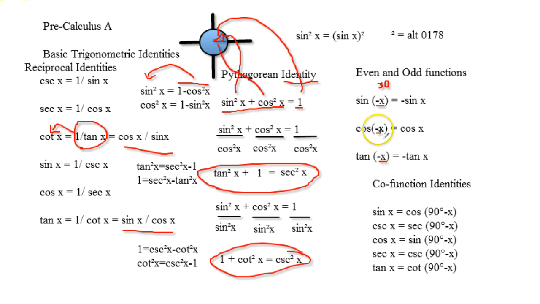If I do the cosine of negative 30, that's the same as cosine of 30. It's a really cool thing because that makes this an even function. And if I do tangent of negative 30, that becomes the negative of tangent of 30, and that makes these two odd. So you know your even and odd functions now just by knowing some identities.